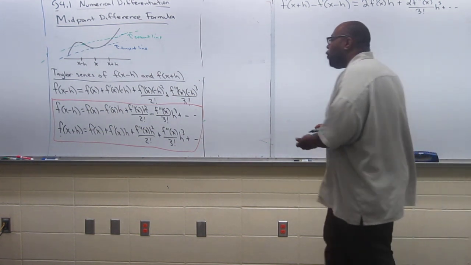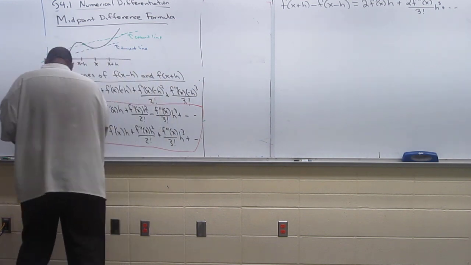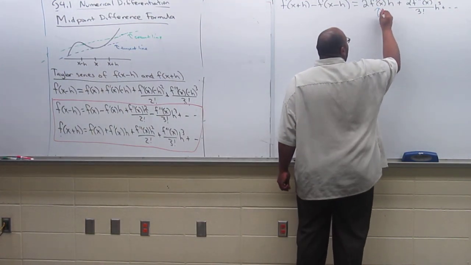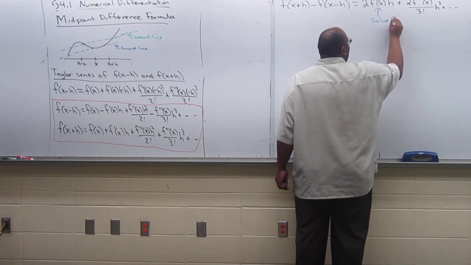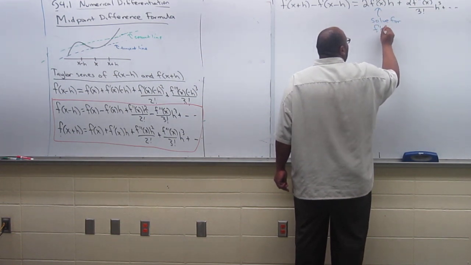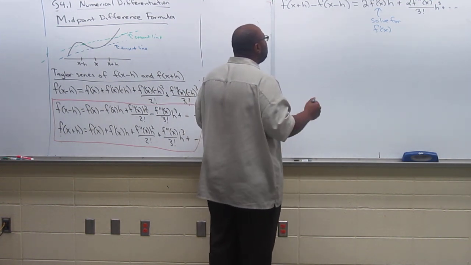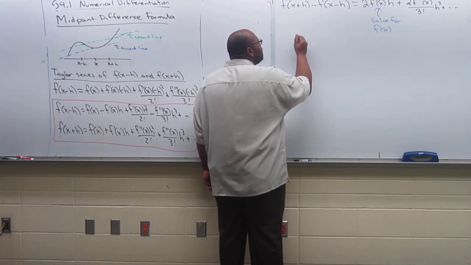Now let's solve for f prime of x. It's still there. So if we solve for f prime of x, this is what we get.